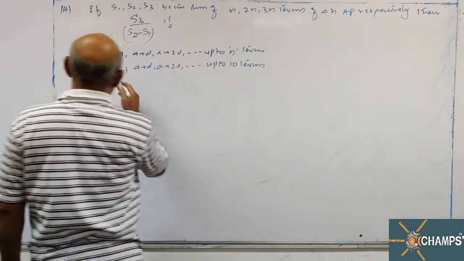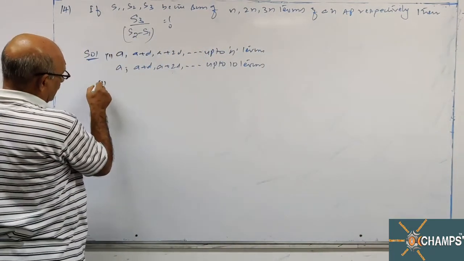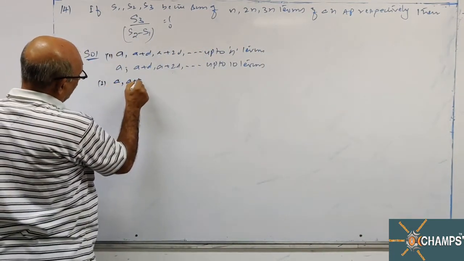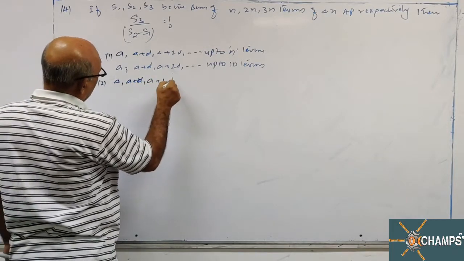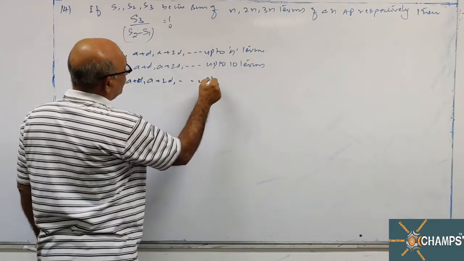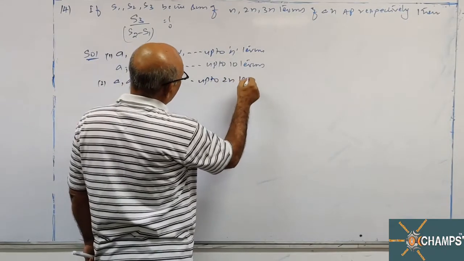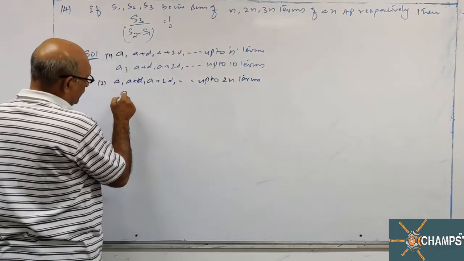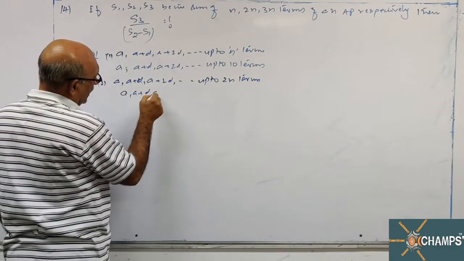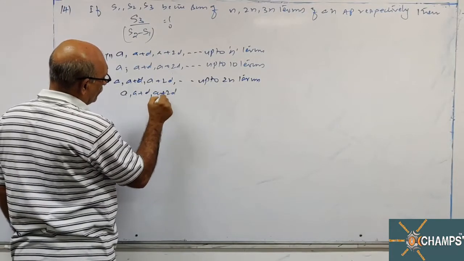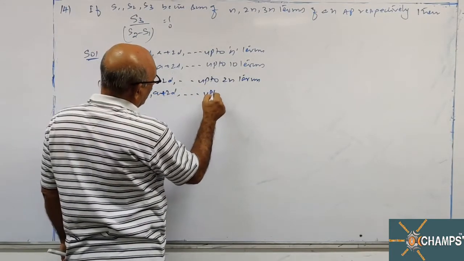Let us take one more series. This is first series, second one: A plus D, A plus 2D, etc. up to 2n terms. It means up to 20 terms.